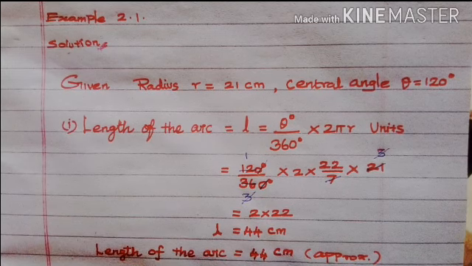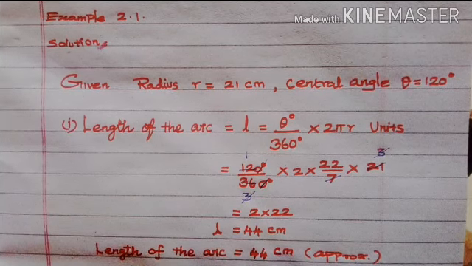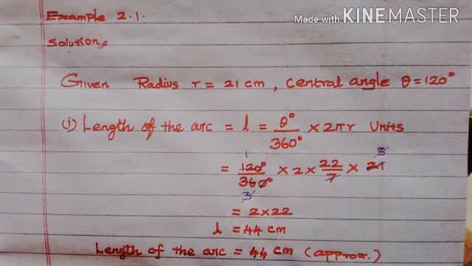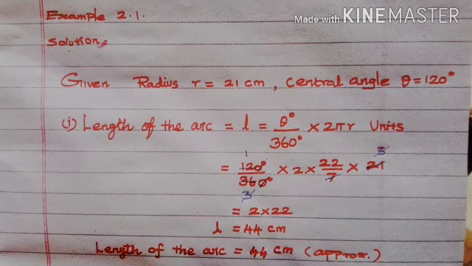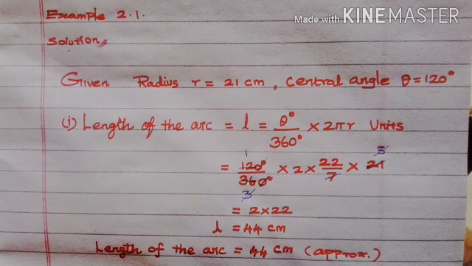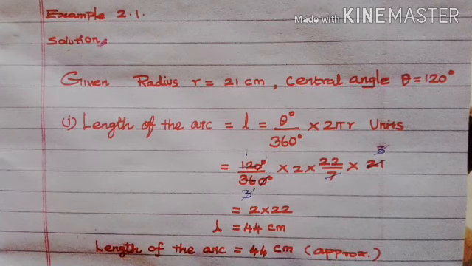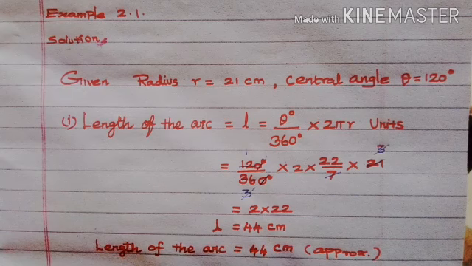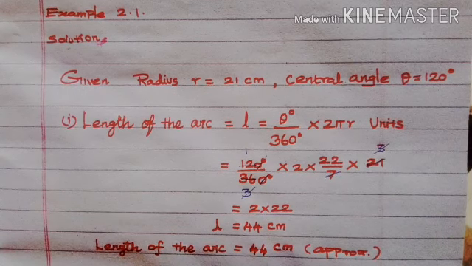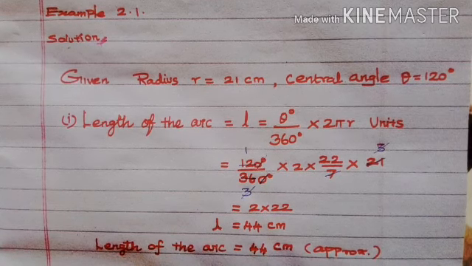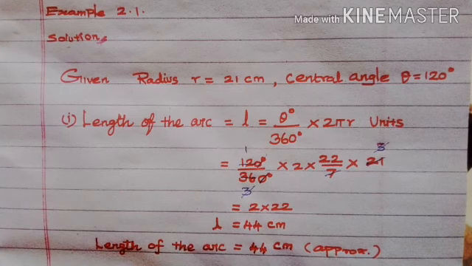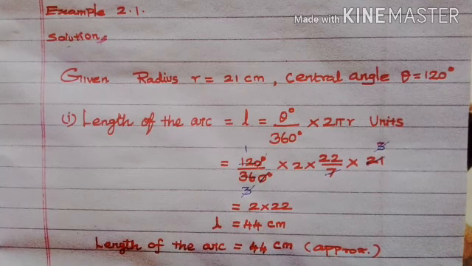Next we cancel 3 and 3. Therefore the remaining terms are 2 into 22. We know that 2 22s are 44. So the required length of the arc L equal to 44 centimeter.